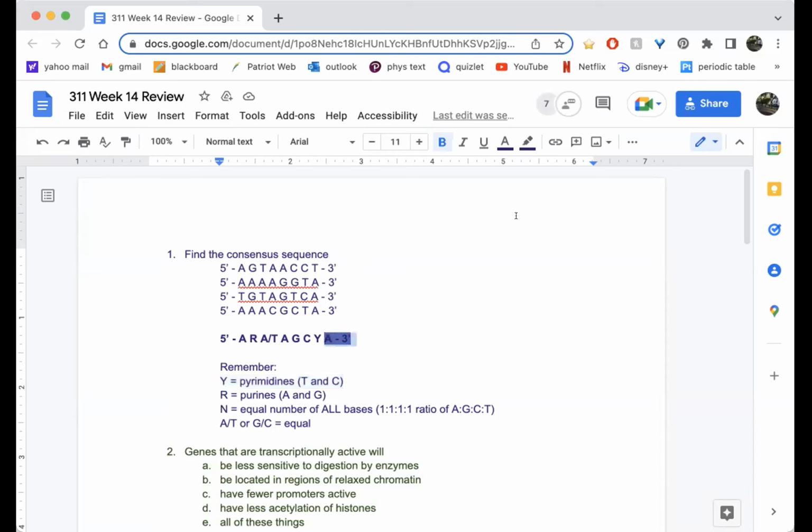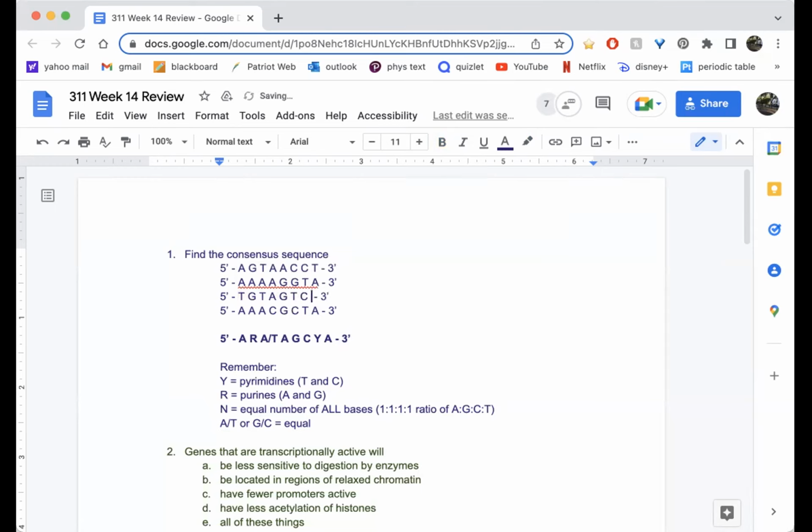Yep. So it'd be A because you have obviously three A's and one T. And so the only thing that I didn't include on here, which maybe I should have, is N. The only time that we would have N is if you have an equal number of all of them. So like, let's say this last one, if you actually had TAGC, then this last one would be an N. So maybe I should change that.